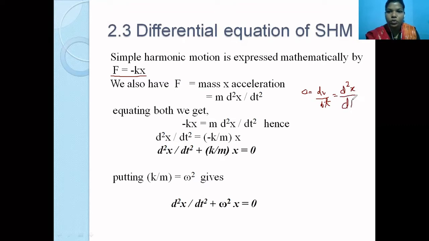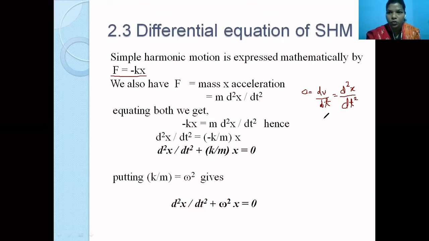So this is what I have chosen to write in this equation. I write Newton's second law as m into d2x by dt square, which is mass into acceleration, m into dv by dt, or m into d2x by dt square.